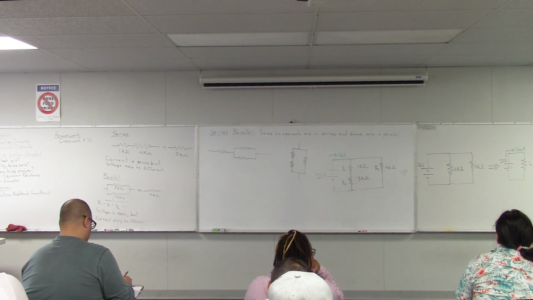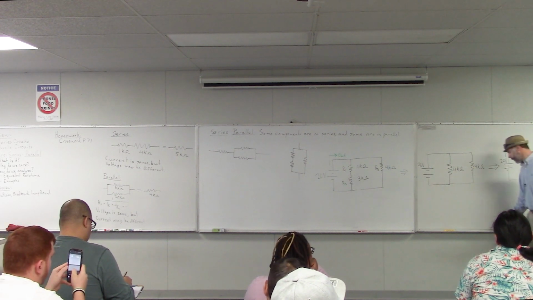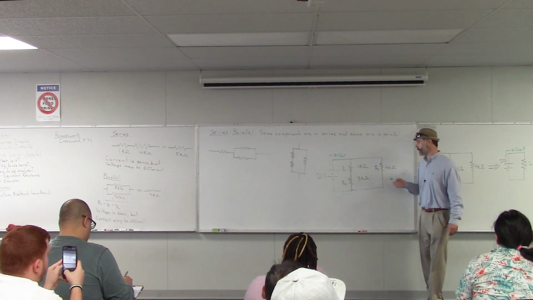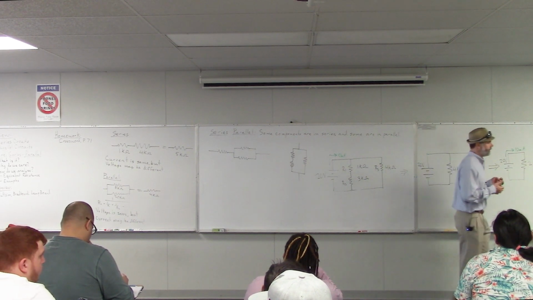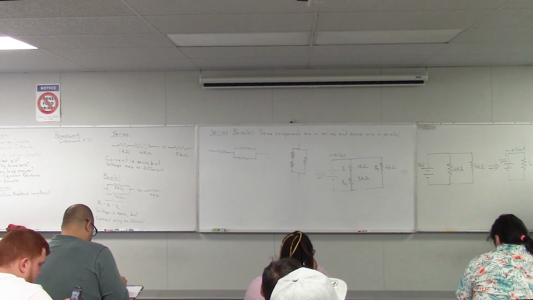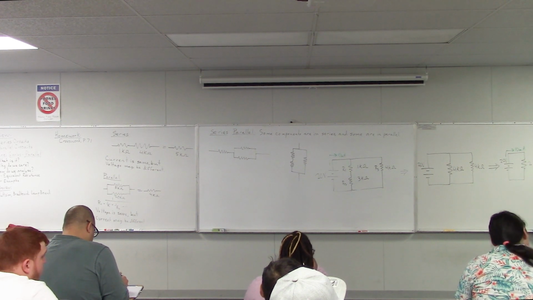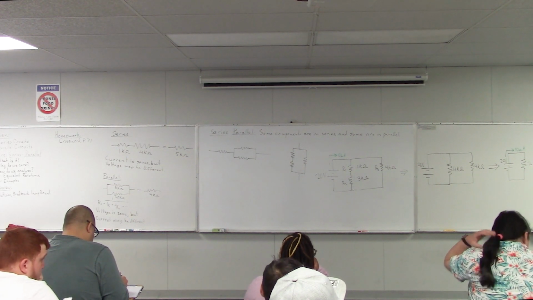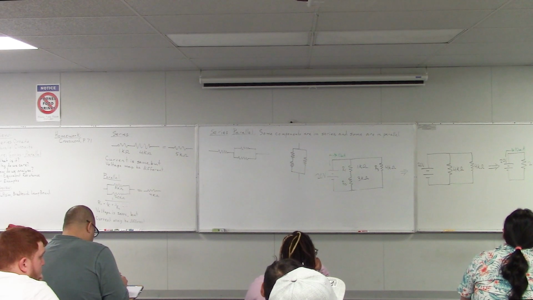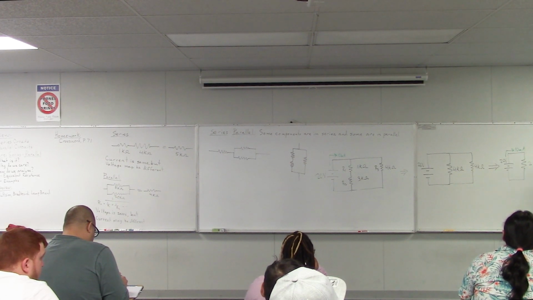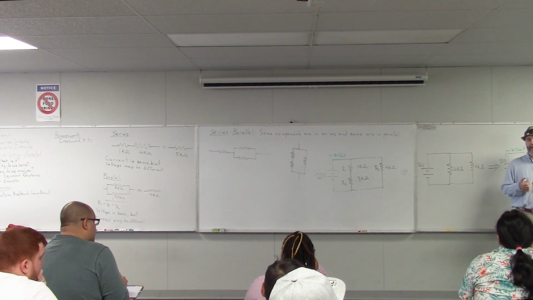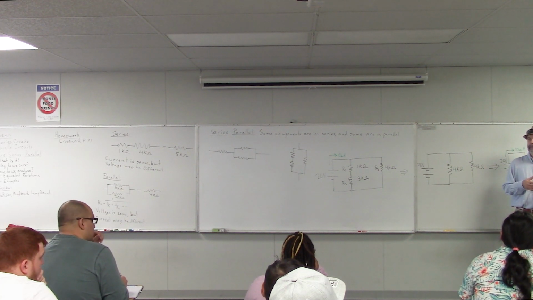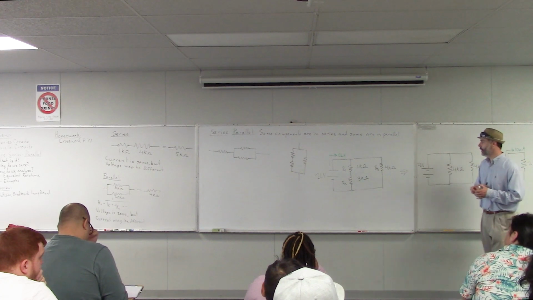Now, one of the hardest parts about series parallel circuits is trying to look at the circuit and decide what to work on next. We still want to find the voltages and currents for all of these resistors, but it can be a little challenging to decide which one to tackle next using the information that you have.